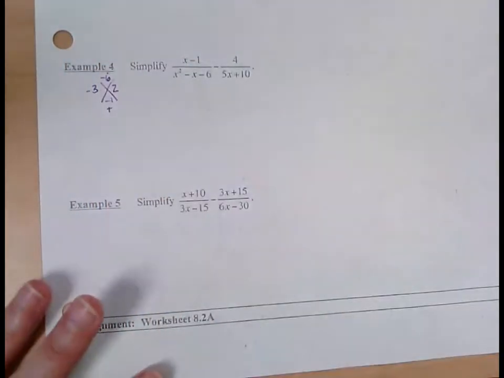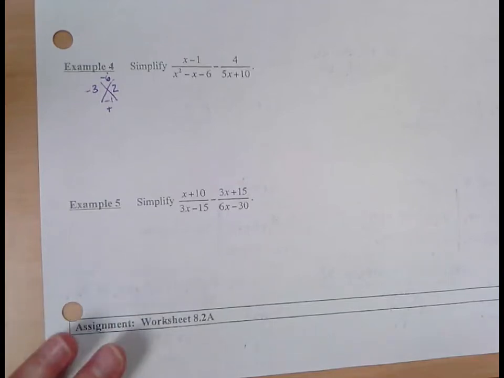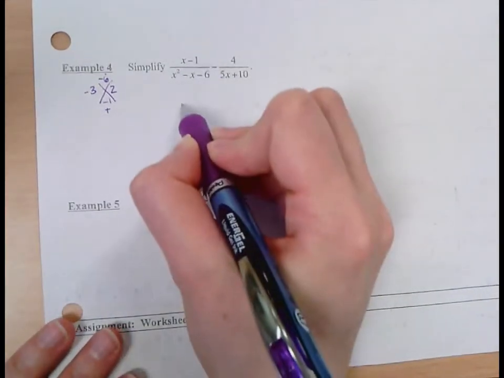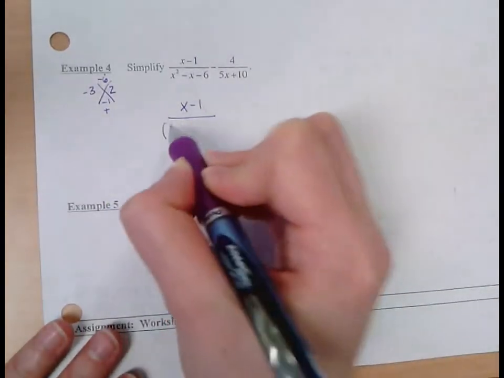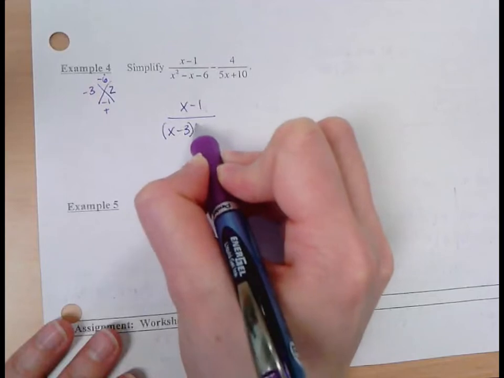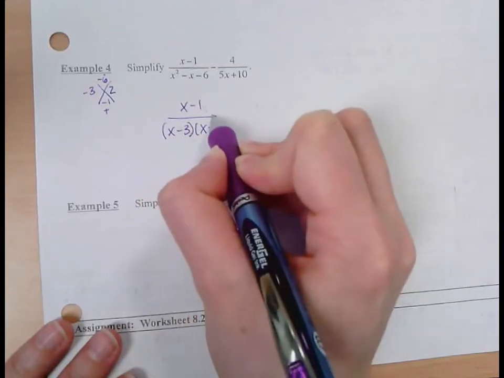Negative 3 and positive 2 if you want to add to a negative 1. Okay, so I'm going to rewrite this. I still have x minus 1 on top, and I'm going to write the denominator in factored form as x minus 3 times x minus 2.